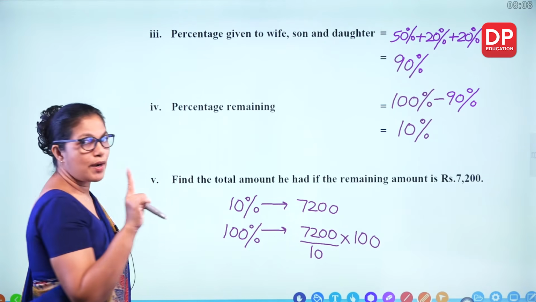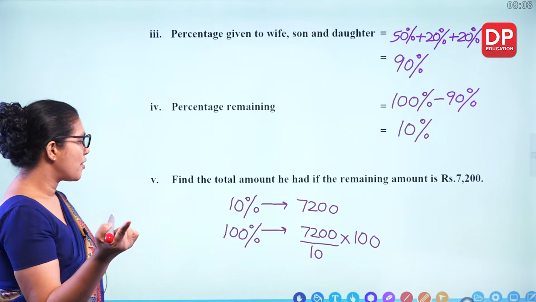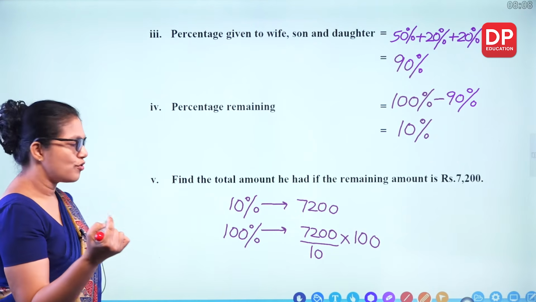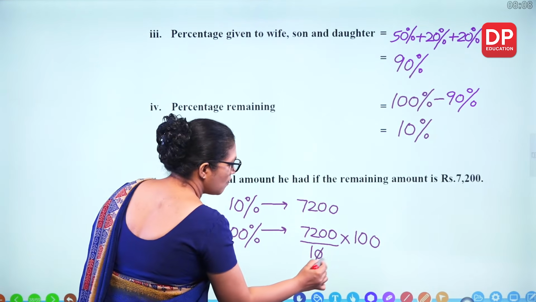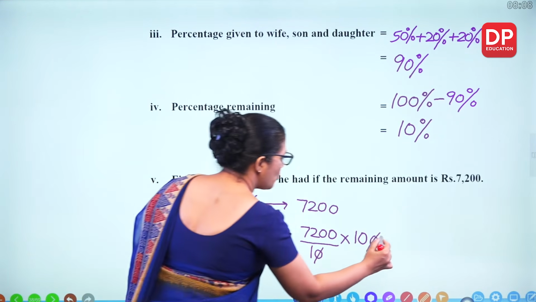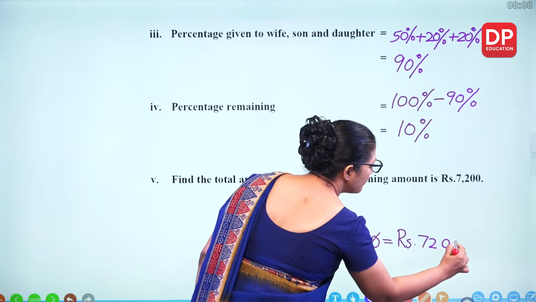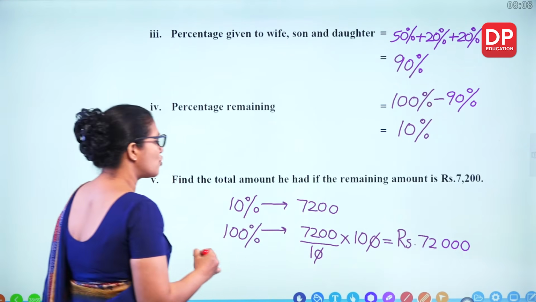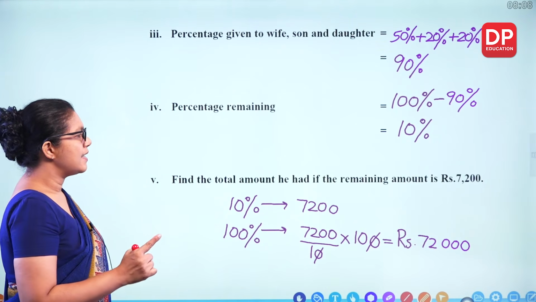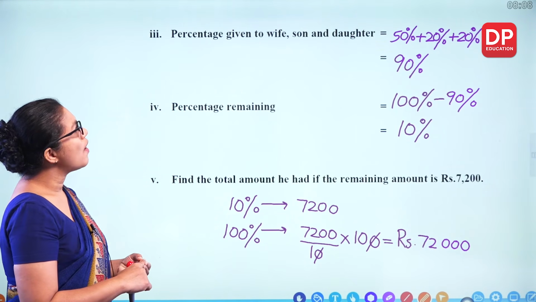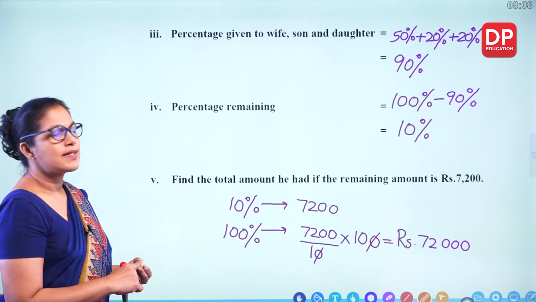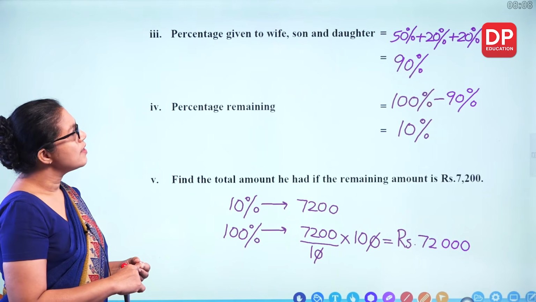So we are taking one part, and then to find out 100 parts, you multiply by 100. The 10 gets cancelled out, you get 72,000 rupees. So 72,000 rupees he had, and he gave 50% to his wife, 20% to his son, and 20% to his daughter.